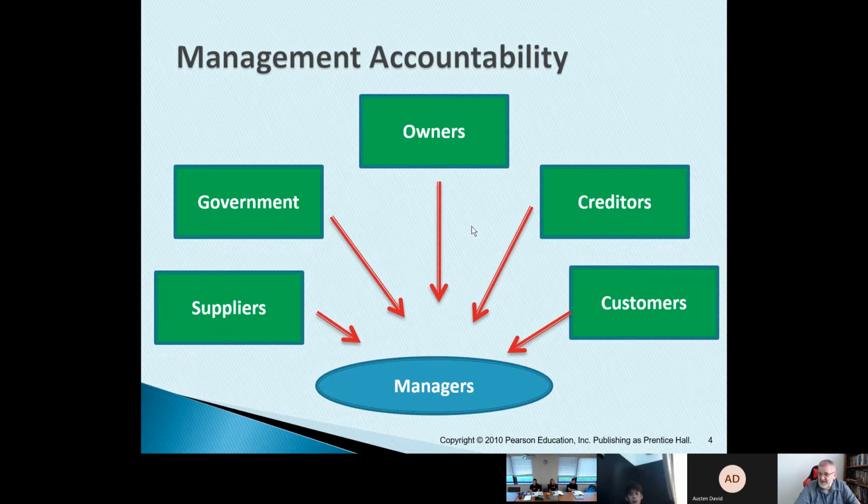So management accountability. As managers, we find ourselves accountable to a lot of different folks, okay? We're accountable to our suppliers, to our owners, to government, to creditors, and to customers. Now, to our owners, that's pretty straightforward, isn't it? They own the company, they supply the resources, and as managers, we're accountable to them, making sure that we're giving them a return on their investment.